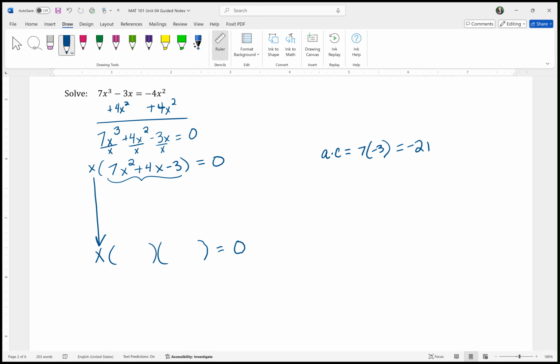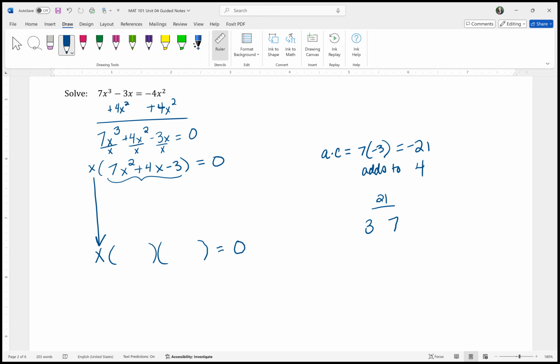We are trying to figure out what multiplies to negative 21 and adds to b, and b in this problem is positive 4. Okay, so we have talked about how to list the factors of 21 before. This one is going to be 1 and 21, and then 3 and 7. And 3 and 7 clearly is going to be our pair that gives us 4.